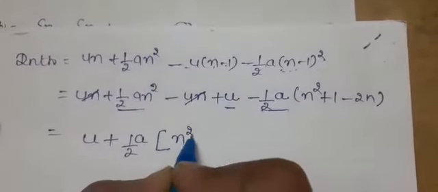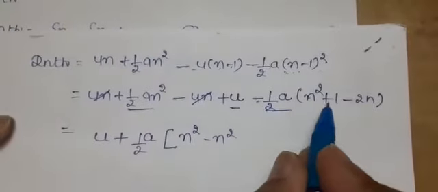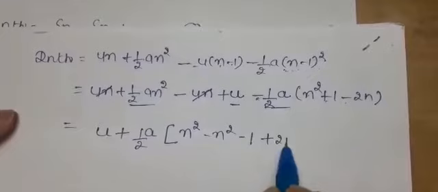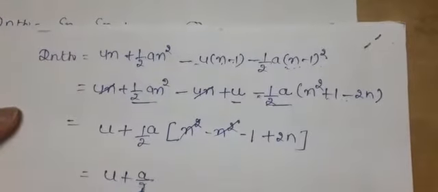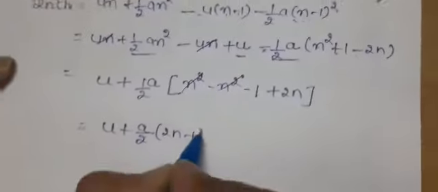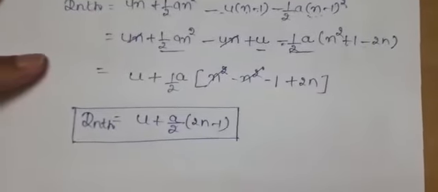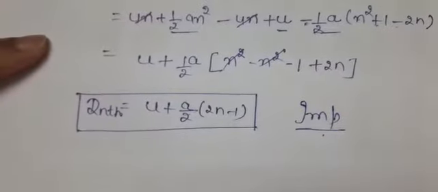Now here it is n square minus n square, minus plus minus 1, minus minus plus 2n. So it is u plus a by 2 into (2n minus 1). So the distance travelled in the nth second is given by u plus a by 2 (2n minus 1). This is also one important equation.